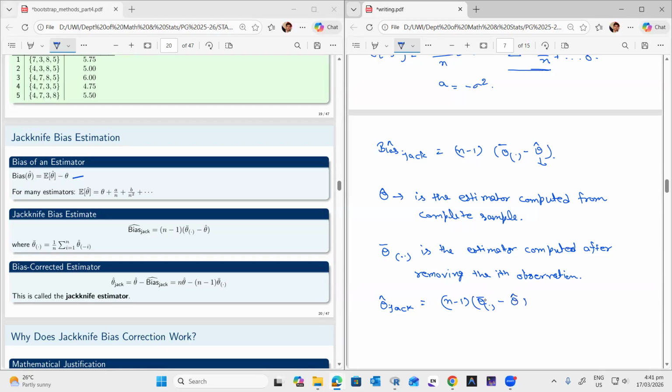Okay, so the bias corrected estimator is obtained by subtracting the estimated bias from the original estimator.